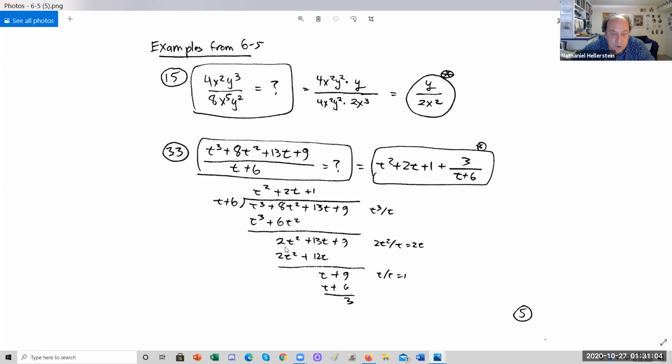Subtract, you're left with 2t squared plus 13t plus 9. 2t squared over t is a 2t into the quotient. 2t times t plus 6 is 2t squared plus 12t. Subtract, we're left with t plus 9. T over t is 1, 1 into the quotient. 1 times t plus 6 is t plus 6. Subtract, remainder 3, and so the ratio is t squared plus 2t plus 1 plus 3 over t plus 6.